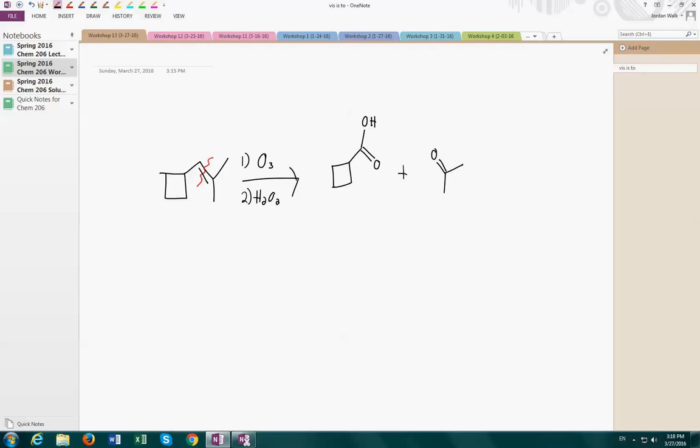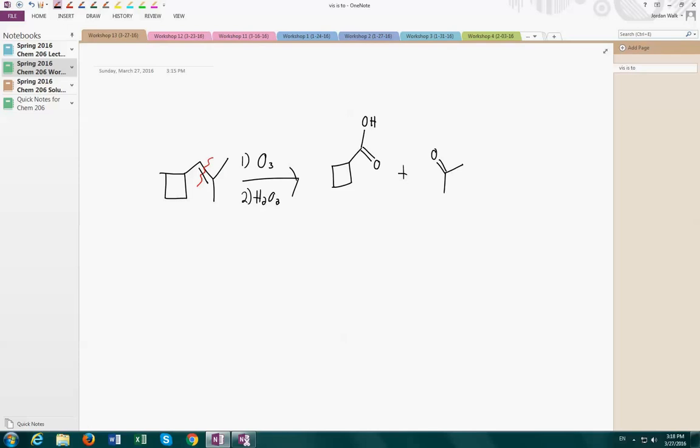In terms of mechanism, we learned basically just the first step of ozonolysis, right? And honestly, in a lot of these, it's a lot easier to draw the mechanism with cyclic products because it's easier to show the stereochemistry. That's why I use cyclic products so much.